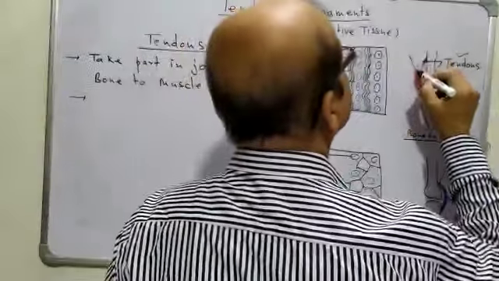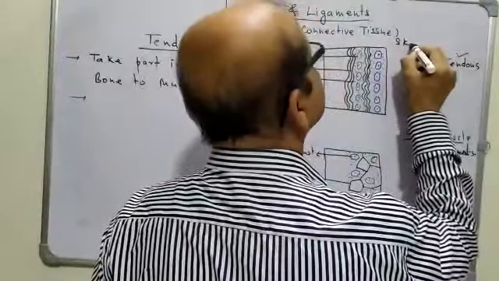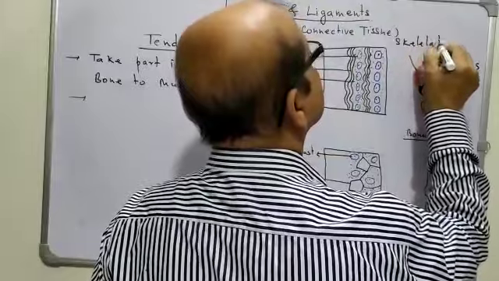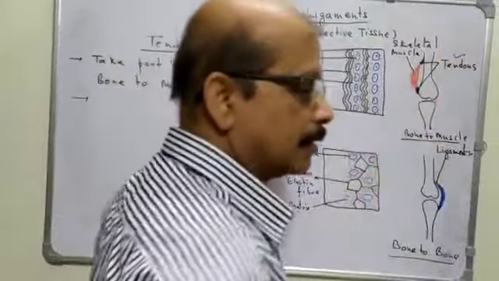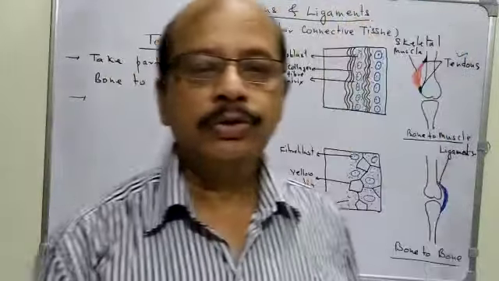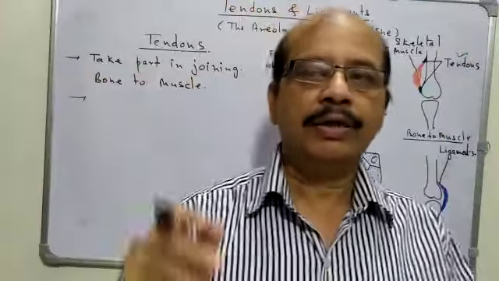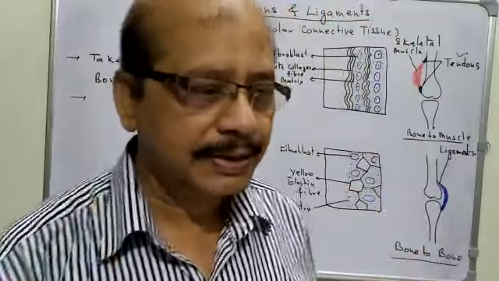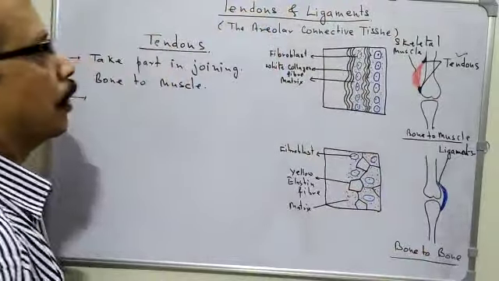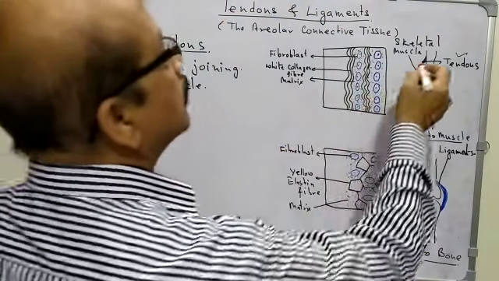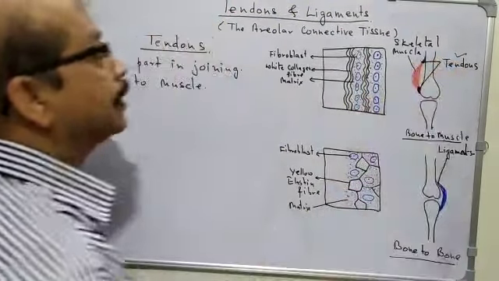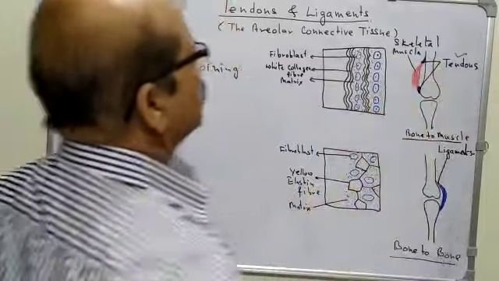These are skeletal muscles. As they are attached to the skeleton, they are called skeletal muscles or striated muscles or striped muscles or voluntary muscles. So these are tendons which join muscle to bone.